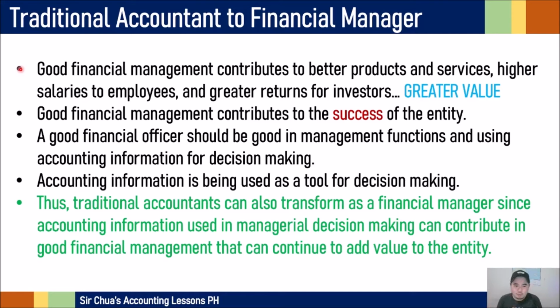So our look here is that traditional accountants are not just encoders of data and preparers of FS. Because the information that they create is vital for decision making. It's vital for proper financial management. So the traditional accountants transform as financial managers as well. Okay?